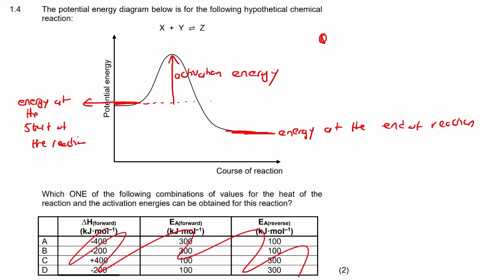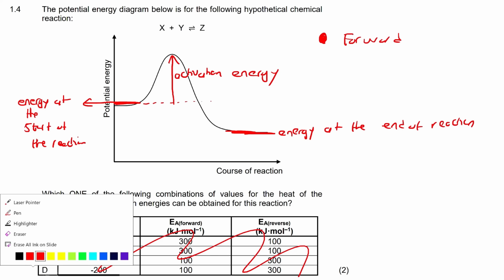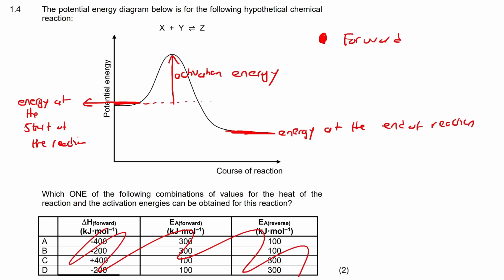So the red is for the forward. If the reaction goes in reverse, then it starts over here. So let's do the green will be in reverse. So then this part over here would be the energy at the start, but that's if we're doing the reverse reaction.